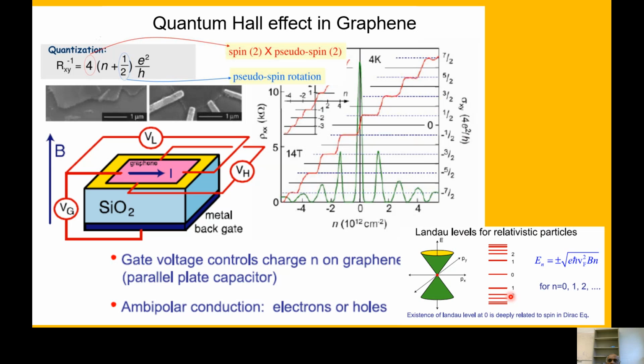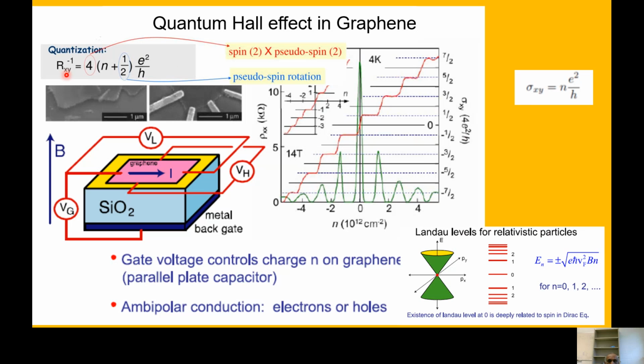Another reason is, remember, for the typical quantum Hall effect, sigma xy, or 1 over rho xy, is given by n times e squared over h, right? But now what we are seeing is 4 times (n plus half) e squared over h. This is very different from the standard two-dimensional gas Hall effect.